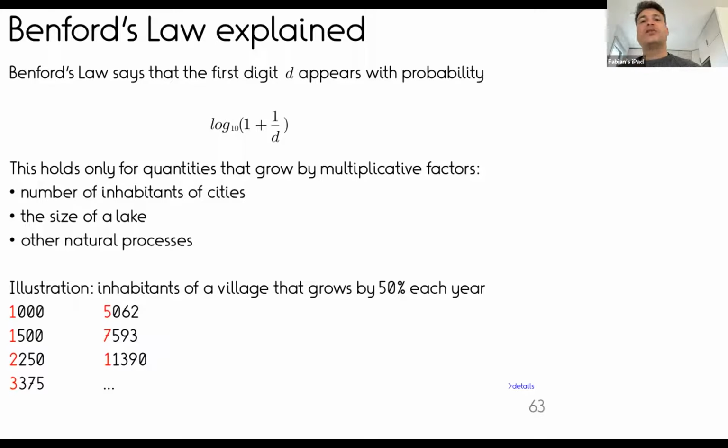You add 50%, you arrive at 3,000 something, then 5,000 something, so you skip the 4. Then comes 7,000 something, so you skip the 6. And then if you add again 50%, you arrive at 11,000. So you skip the 8 and the 9. And once you're at the 1, the game starts all over again. So you can actually see that something that grows exponentially passes more often through the digit 1 than through the others.